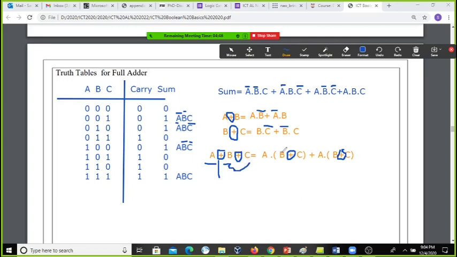Then I can write A, B exclusive C bar plus A bar and B exclusive C separately. Because here you can see, we write A first and then B bar, and then write A bar and B. Similarly, A first and BC bar plus A bar and the other one. Is it clear?